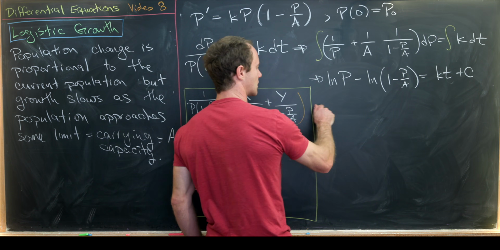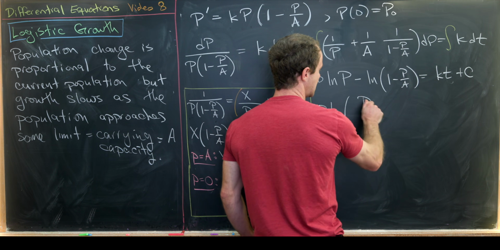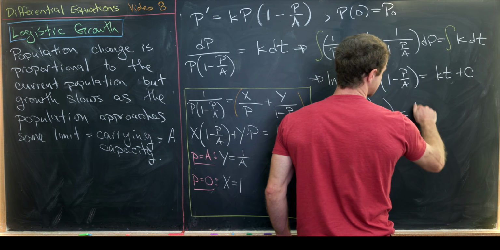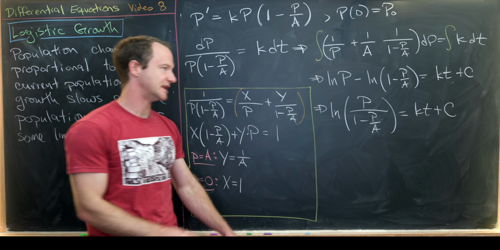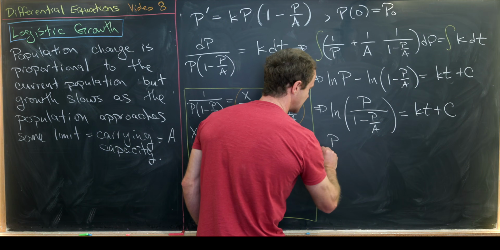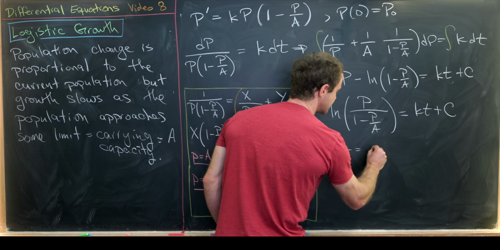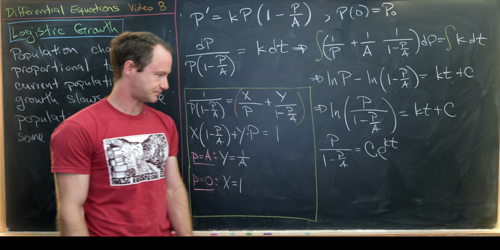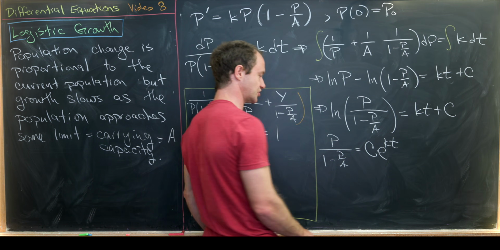Now I can use log rules to put this together. This will give me the natural log of P over 1 minus P over A equals kt plus a constant. I can exponentiate both sides. That'll leave me with P over 1 minus P over A equals a constant times e to the kt. And then at this moment, I can plug in my initial condition.